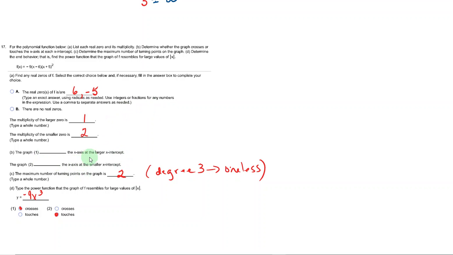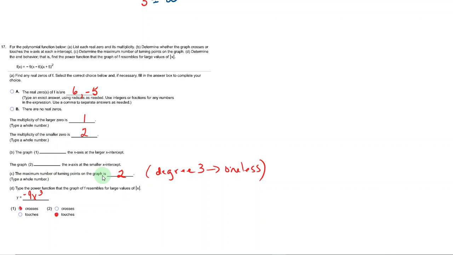So the graph for the larger one, that it is an odd exponent there, that's going to cross on the x-axis. And for the smaller one, the -5, that's an even, and remember that just touches. So those are the answers for there.